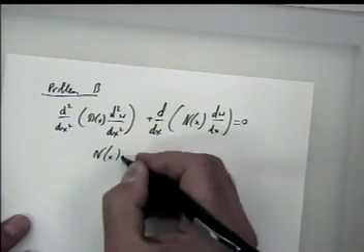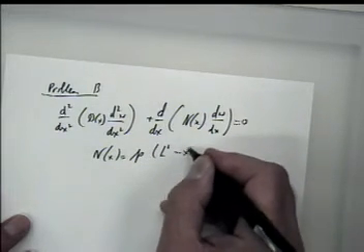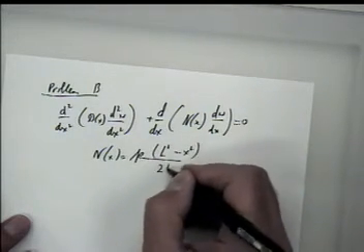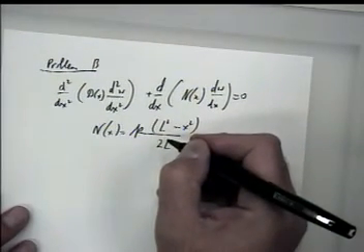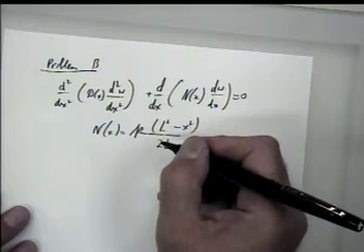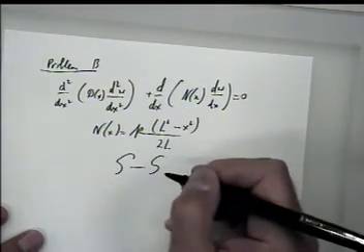Now N(x) equals p times (L squared minus x squared) divided by 2L. Simply supported on both sides.